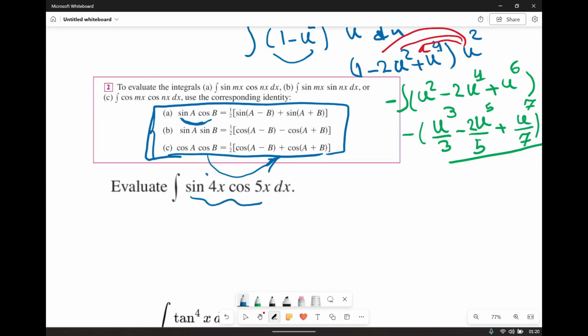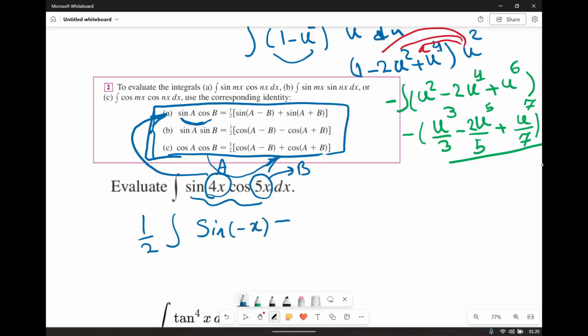This exactly is the case for sine A cosine B, and I can use one over 2 times sine A plus B plus sine A minus B. A here is 4x and B is 5x, so A minus B is minus x, plus sine 4x plus 5x, which is 9x, dx.